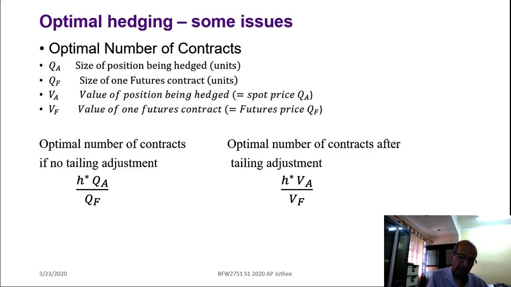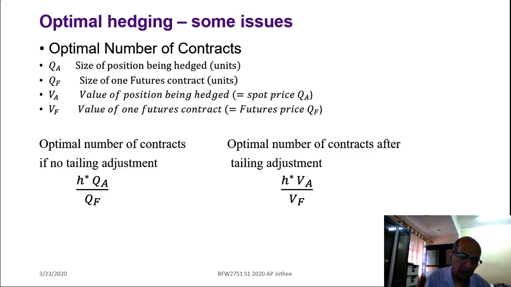So here there's no issue. Anyway, if you are using quantity, then there is no tailing. H you would have calculated already, like what you saw earlier. H times QA, quantity of the position being hedged, divided by QF, or QA divided by QF times H, that is the optimal number of contracts.